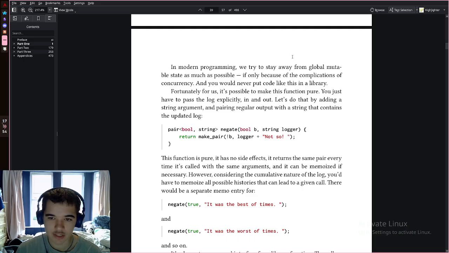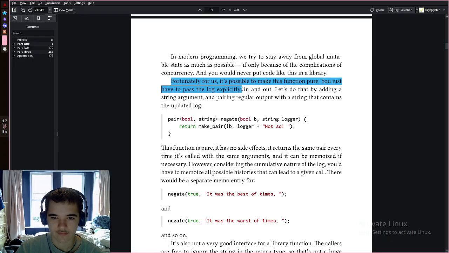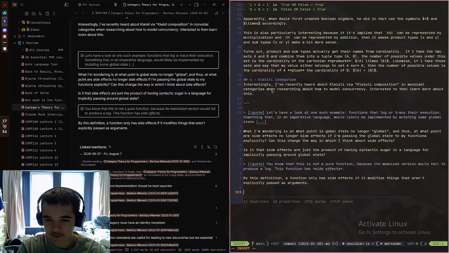Fortunately for us, it's possible to make this function pure. You just have to pass the log explicitly, in and out. Let's do that by adding a string argument and pairing regular output with a string that contains the updated log. This function is pure. Awesome. Asked and answered.